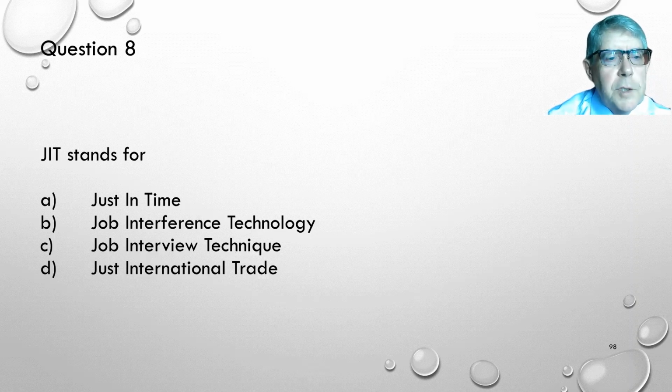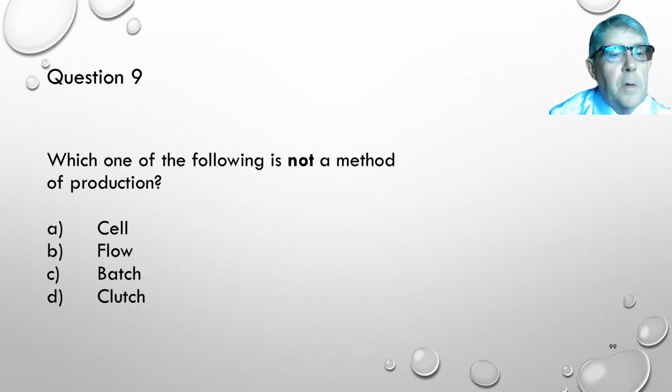Question 8. JIT stands for A, just in time, B, job interference technology, C, job interview technique, or D, just international trade. Question 9. Which one of the following is not a method of production? A, cell, B, flow, C, batch, or D, clutch?